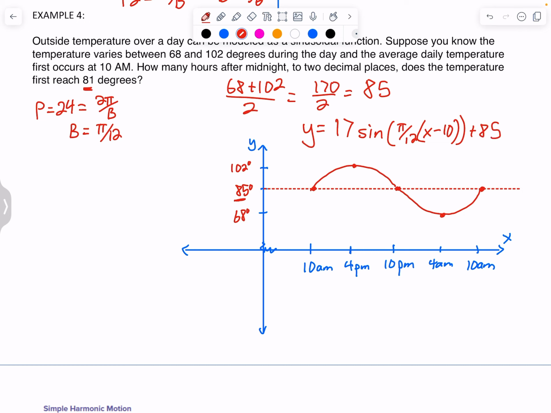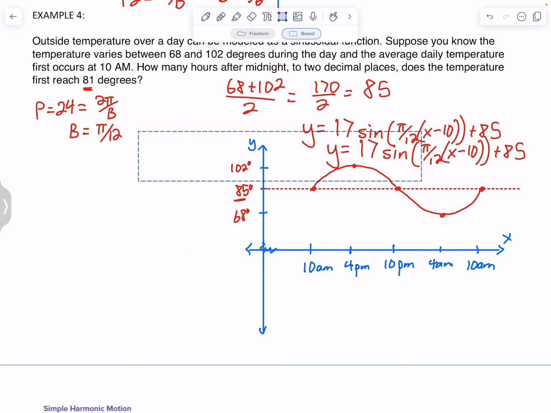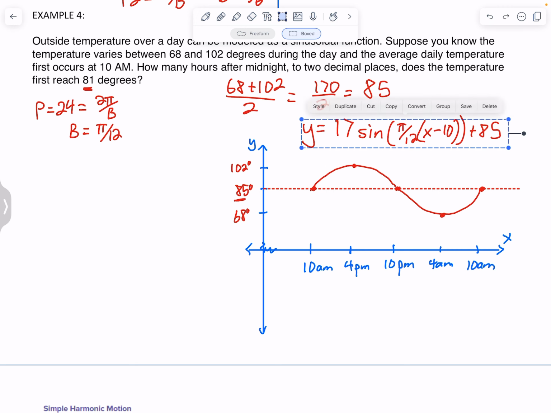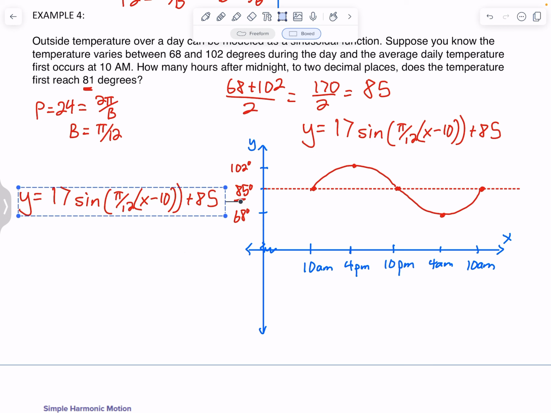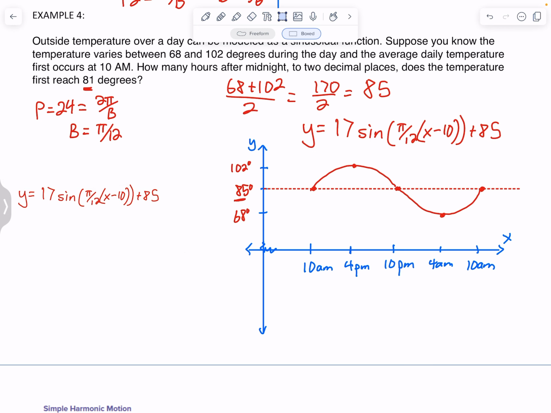So what we would do from here, let me erase some stuff. I'm going to scoot this over. Okay, I'll change that because I don't like it that way. There we go. I'm going to take this function that we just came up with, and I'm going to set it equal to 81.